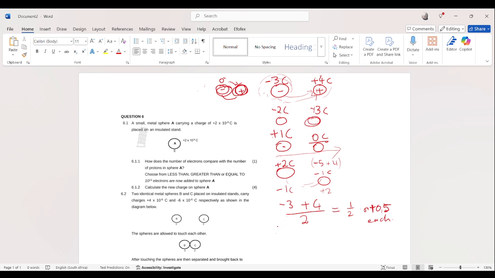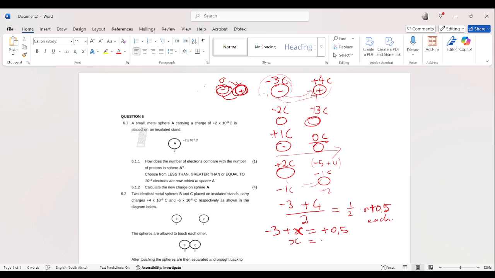Because each one of them must be left with 0.5, it will be minus 3 plus the number of electrons, let's say x, equals positive 0.5.